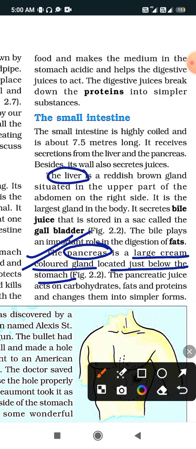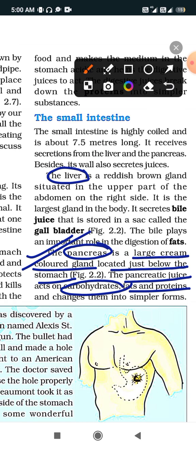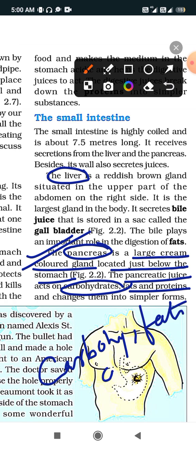Clear? What is the role of the pancreas, student? The pancreas is used to convert carbohydrates, fats and proteins into simpler form. Clear?